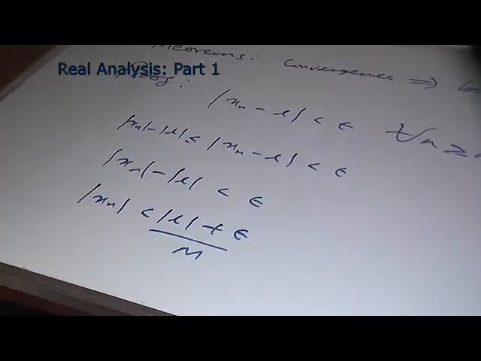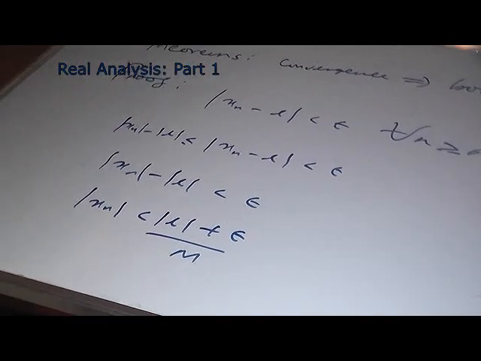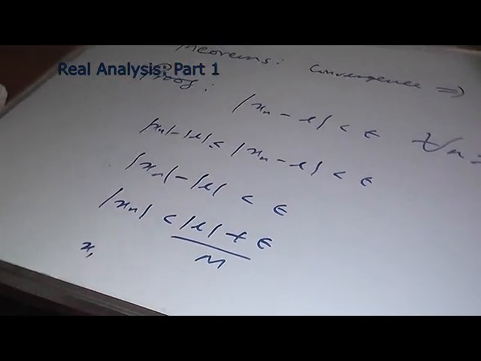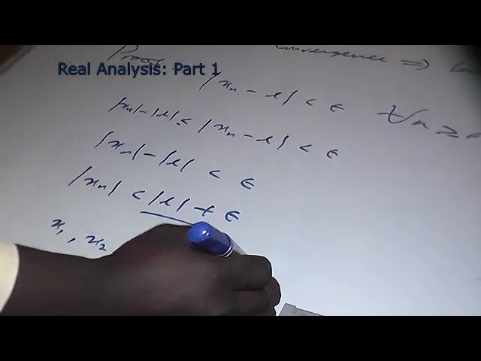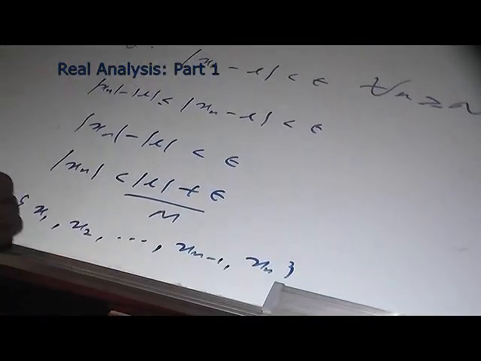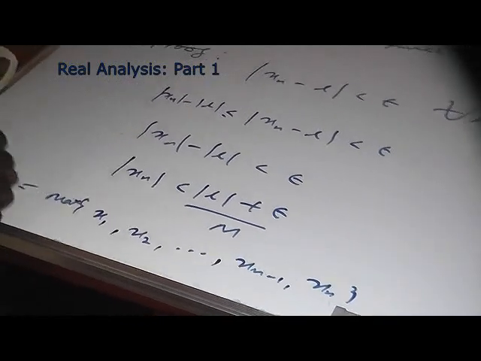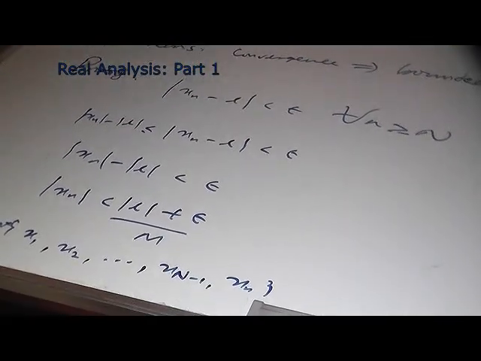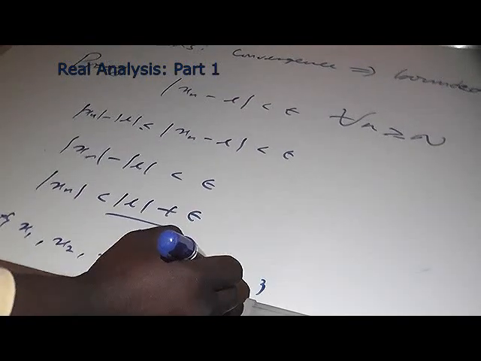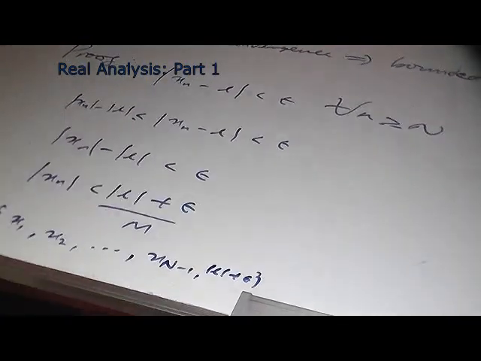Call this m, but to avoid suspicion and doubt, since sequences are countable, we take x1 up to xn minus 1, pick the maximum, call it m. Since n is bigger than or equal to n, this will certainly be m, and this will take l plus epsilon.